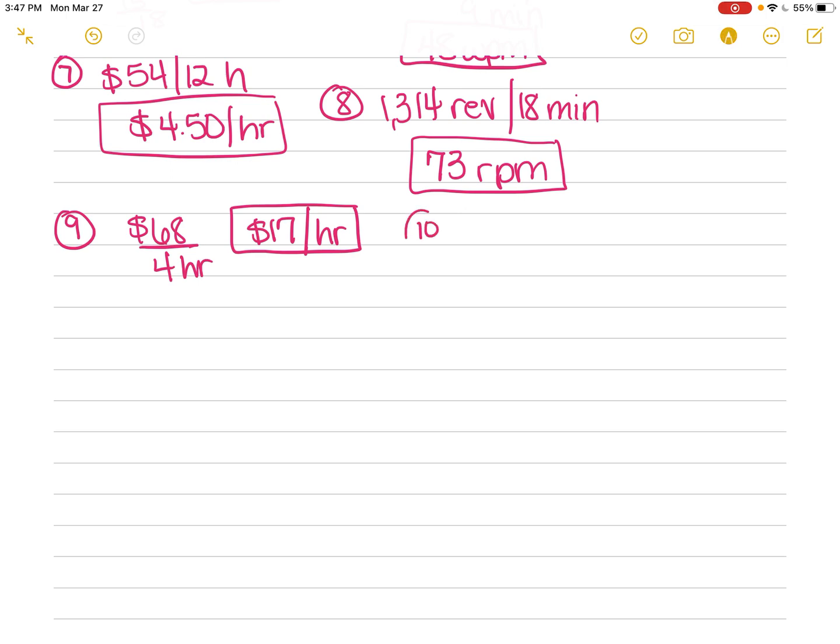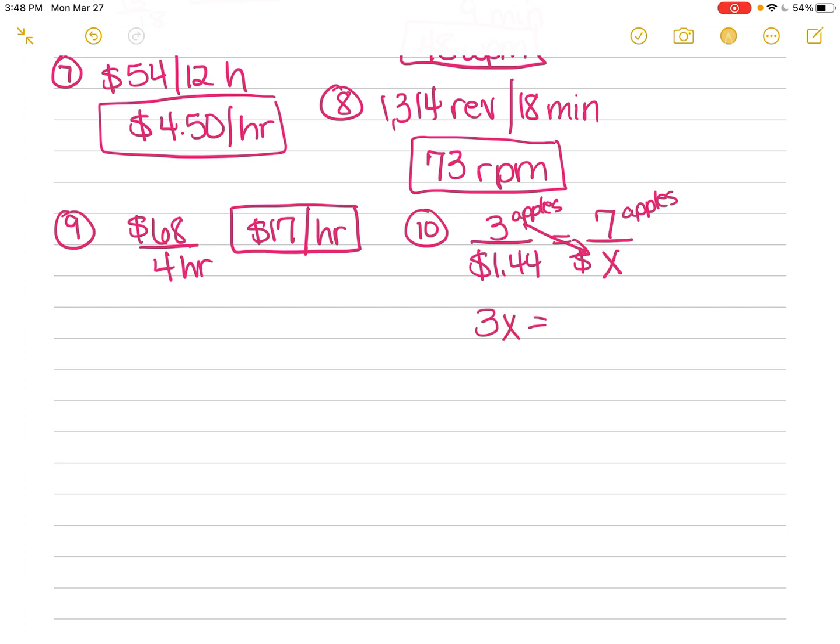Okay, and then number 10 is a little bit harder because it says apples are on sale 3 for $1.44. So then it says how much will 7 apples cost. So this one you have to actually do a proportion for. The 7 goes on top because this is talking about the apples on the top, remember? And then the bottom is talking about money. So both of these are money. So when I do my cross multiplication, I get 3x.